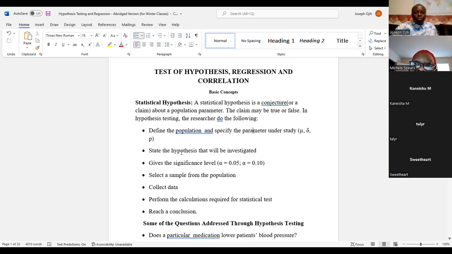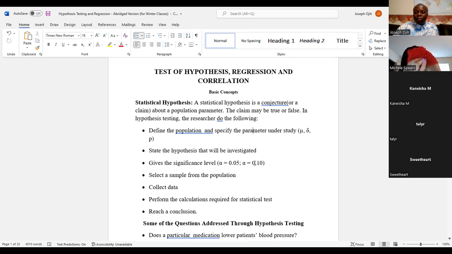In testing hypothesis, we do the following: we define the parameter, the population parameter. Then we state the hypothesis that will need to be investigated, and we give the significance level. I've already explained it when we were doing confidence intervals. If you're 95% confident, your chance of being wrong is 5%, meaning that your alpha is 0.05.